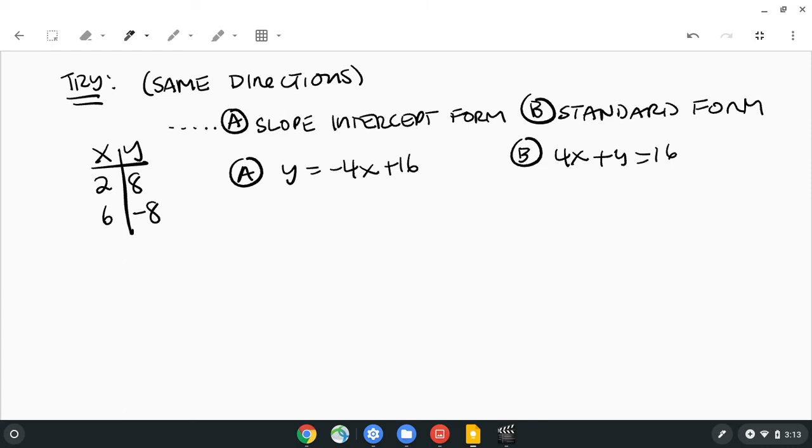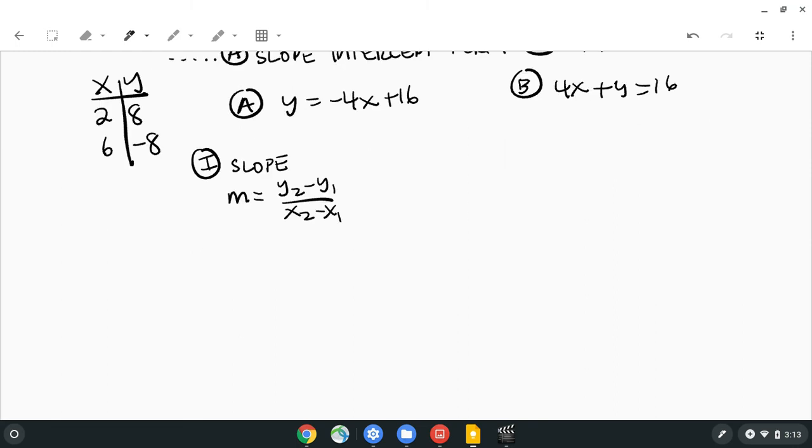Okay, so we need our slope. So let's do that. Part 1, slope. Okay, so again, we're going to use y2 minus y1 over x2 minus x1. Okay, so again, I'll use this here as my second point. This will be my first point.